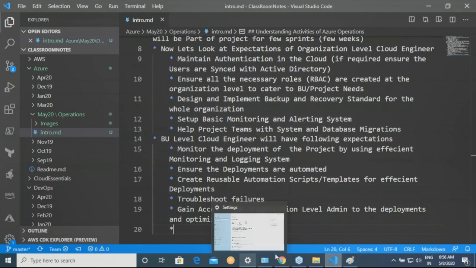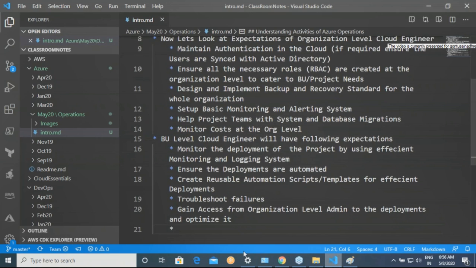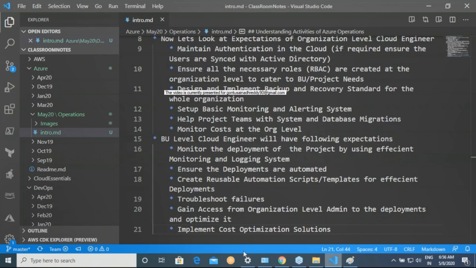So here he has one more responsibility: monitor costs at the org level. Implement cost optimization solutions. Implement cost optimization solutions. Right.